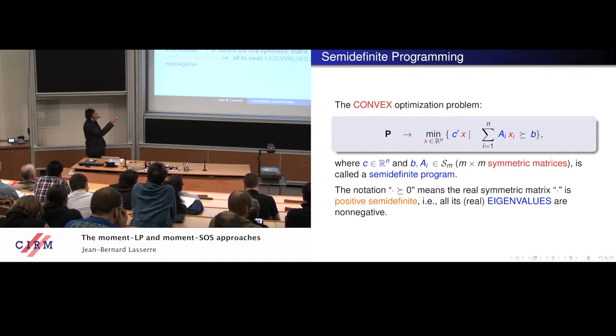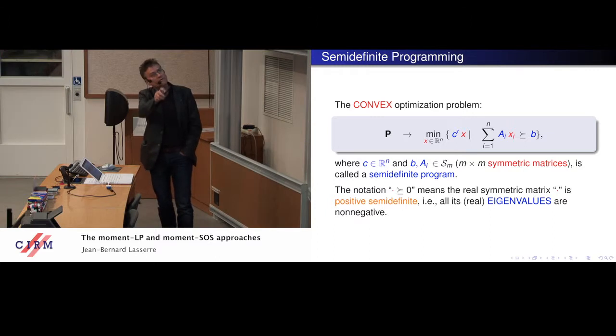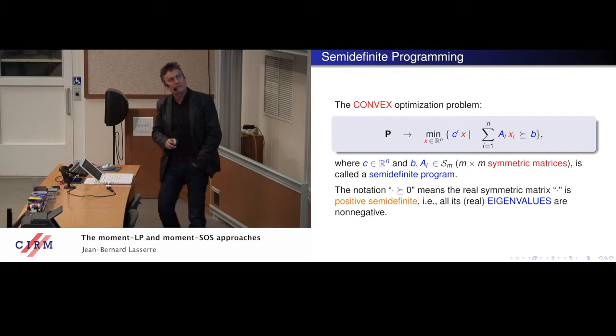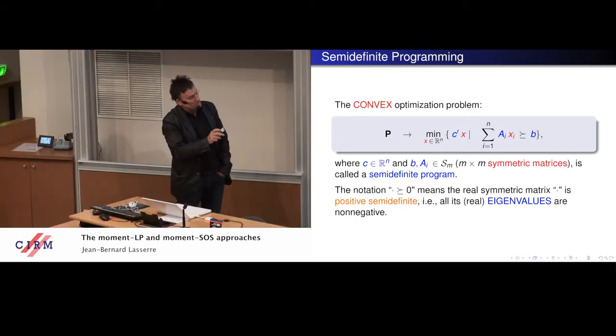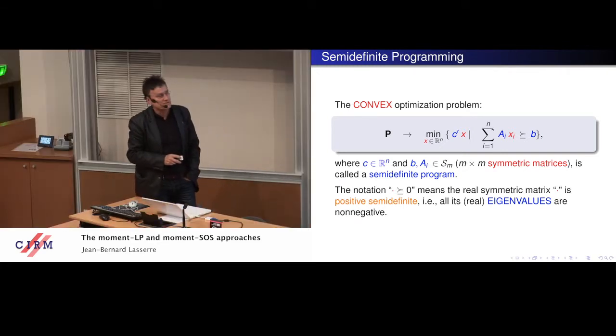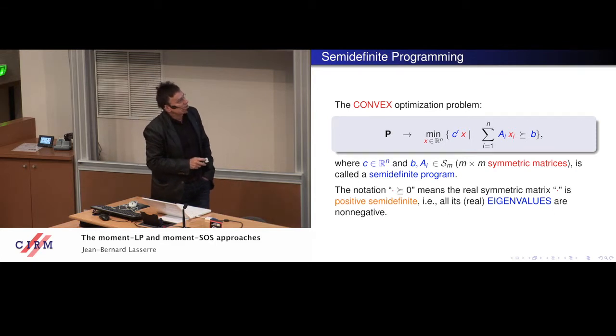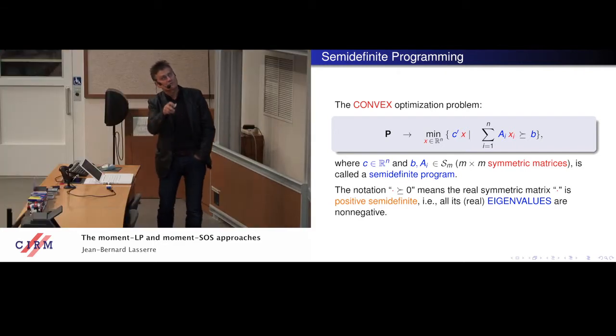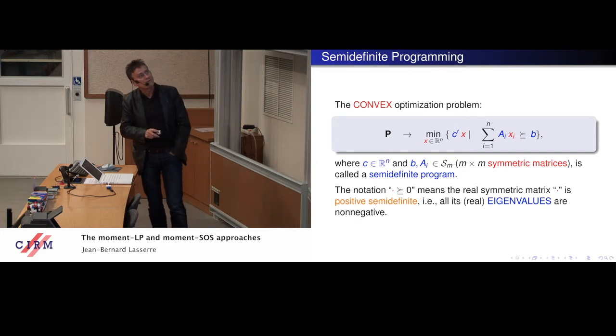So an SDP: you want to minimize a linear functional c'x. And the constraints on the x variables are that you make a linear combination of some given matrices A_i, which are real symmetric. You subtract the matrix B, which is given and real symmetric, and the result should be a positive semi-definite matrix. So the only x you consider are those that satisfy those constraints, and you want the one that minimizes c'x.